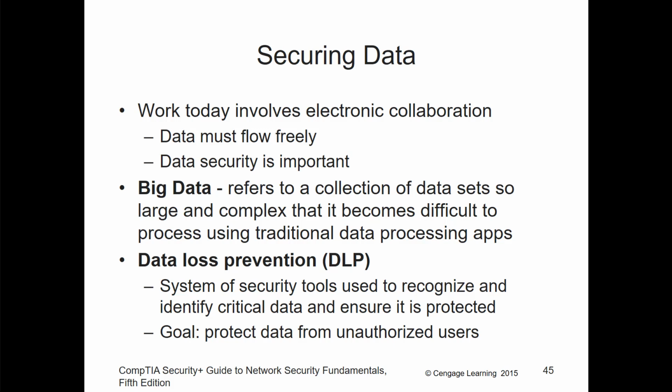Making sure only those that are authorized have the ability to do what they need to do. For example, you may be authorized to read it, but not authorized to copy it. You may be authorized to read and copy, but not execute. There needs to be a way to prevent that data from being manipulated.